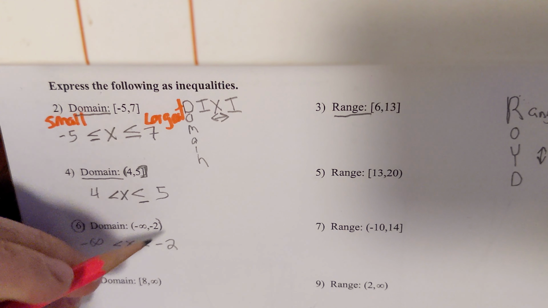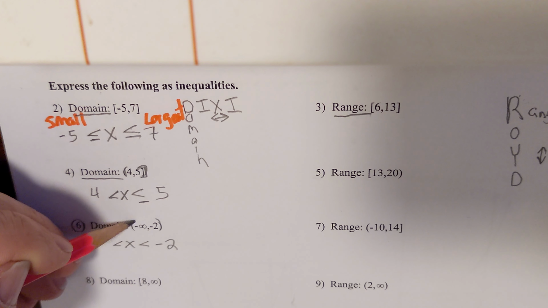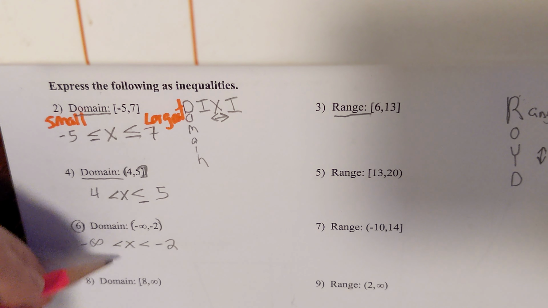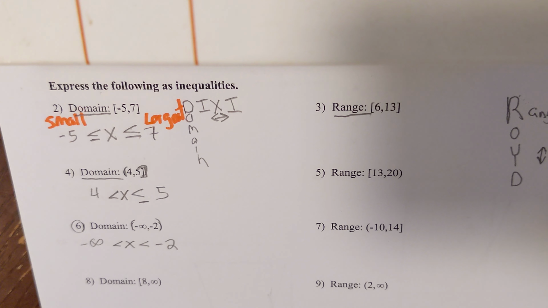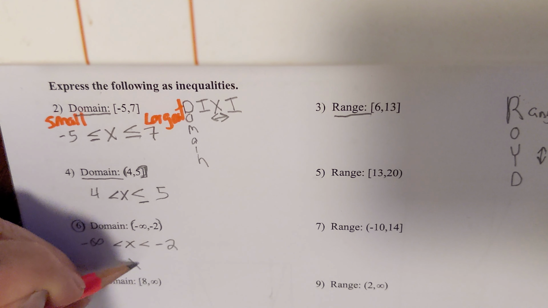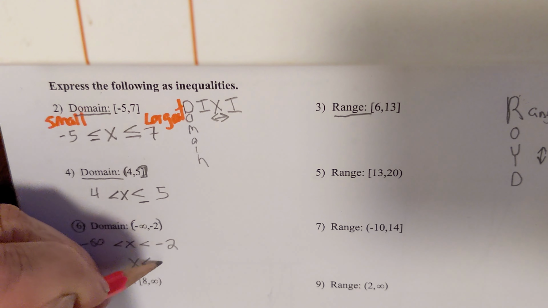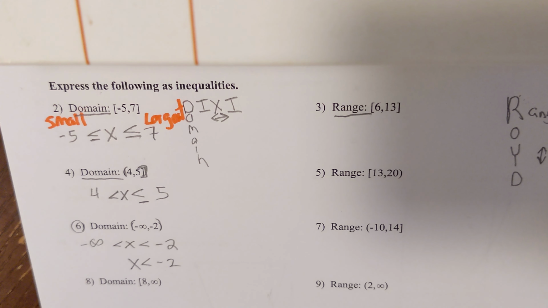It has a parentheses, so leave the inequality the way it is. And this one has infinity, you can never get equal to infinity, so you just leave that one just like so. And there's one other way you can write this. You can simply drop this part and just write x is less than -2. All right.